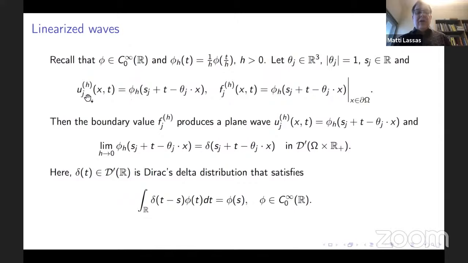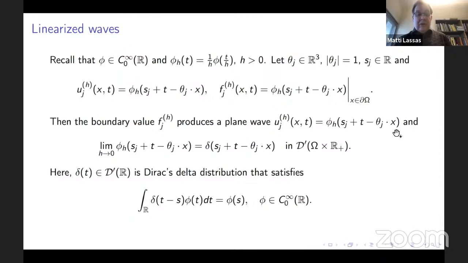And then I consider plane waves that are these very short pulses with delays s_j that propagate in direction theta_j. So these are like plane waves that propagate in the plane, and then they become shorter and shorter pulses that get higher and higher. And they are produced by these boundary values that I have obtained by taking this wave and evaluating it on the boundary. So these functions f_j with index h produce these plane waves.